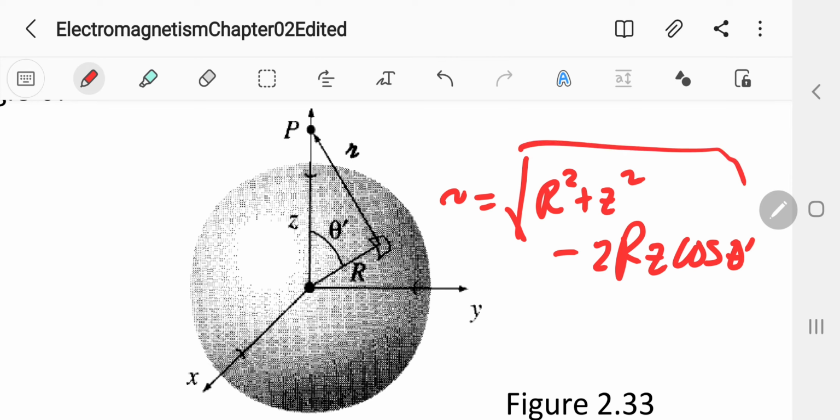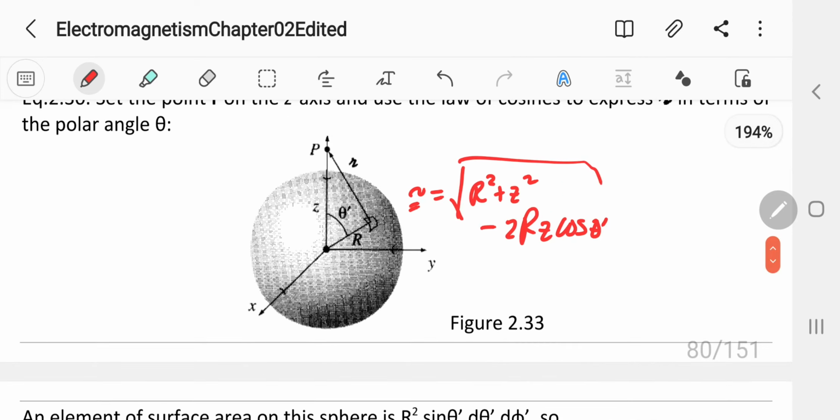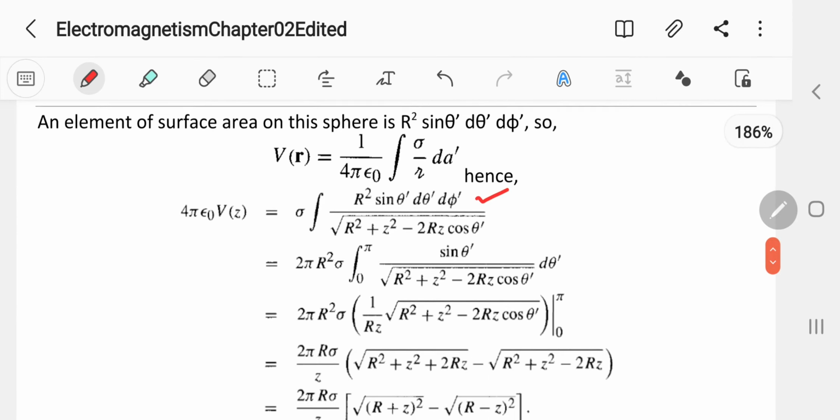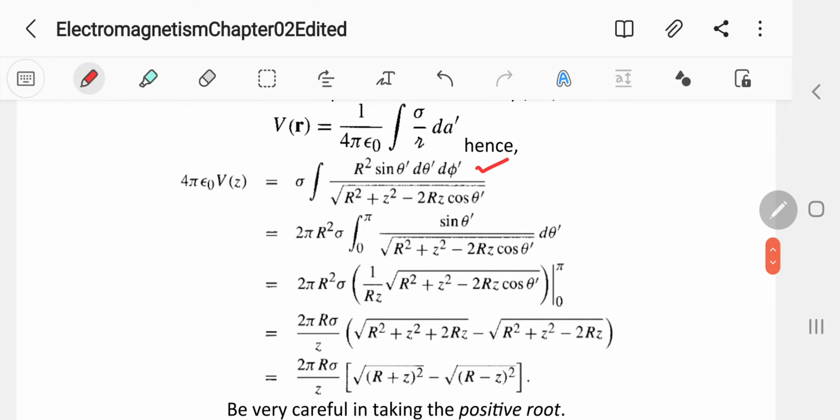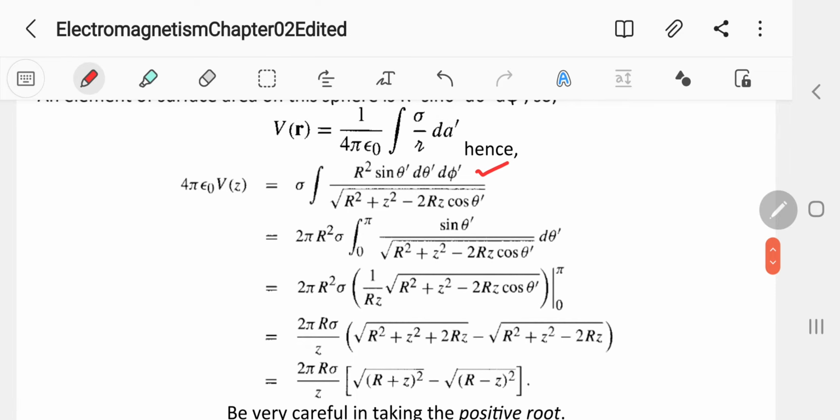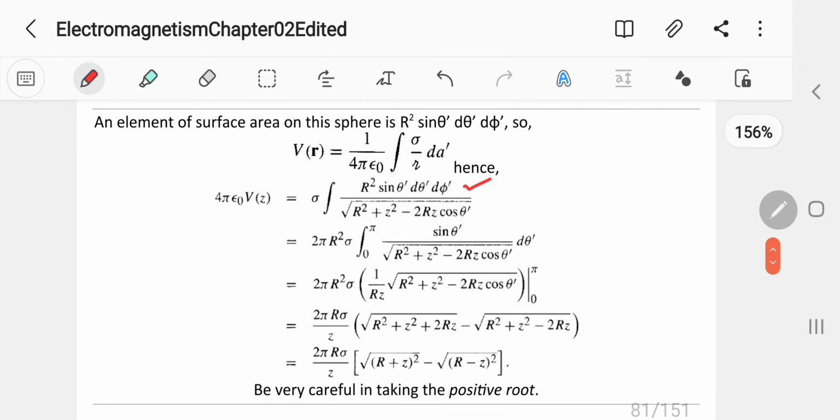So that's your scripted R here, and then that would be this one.